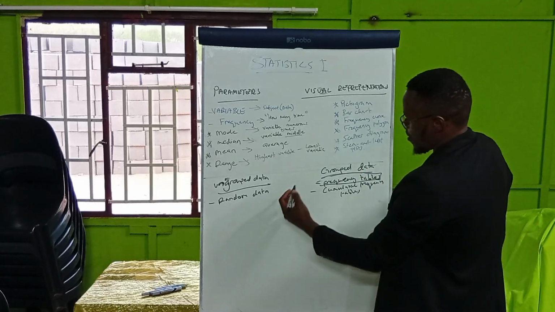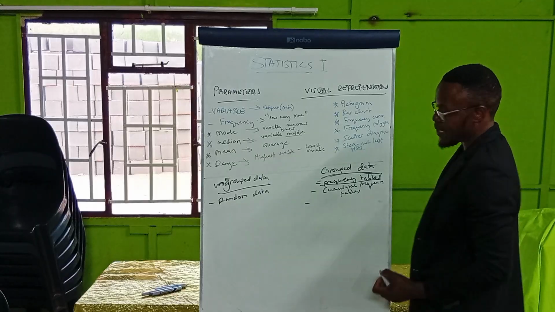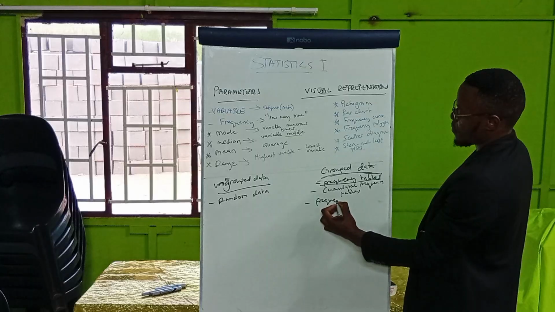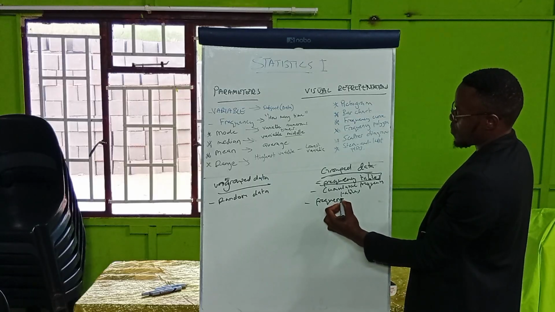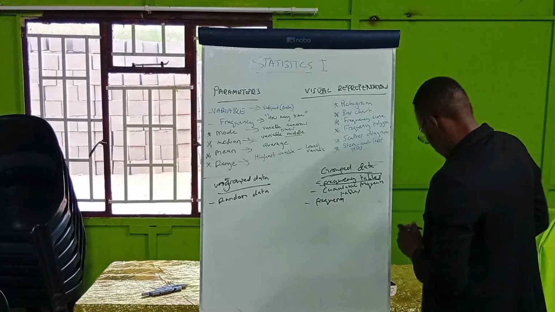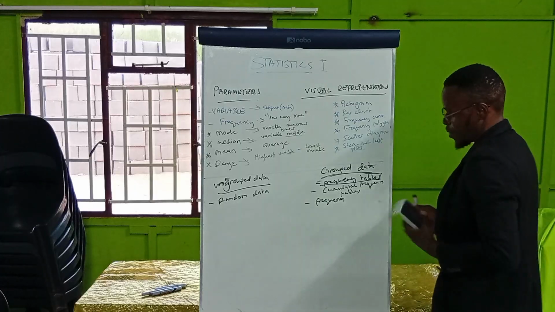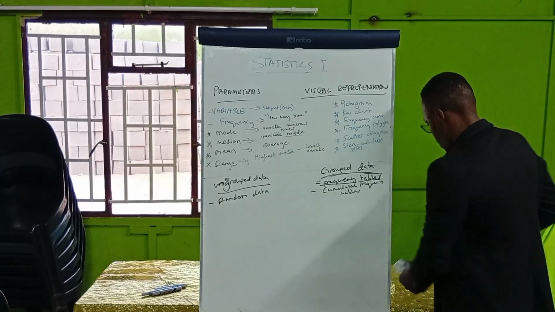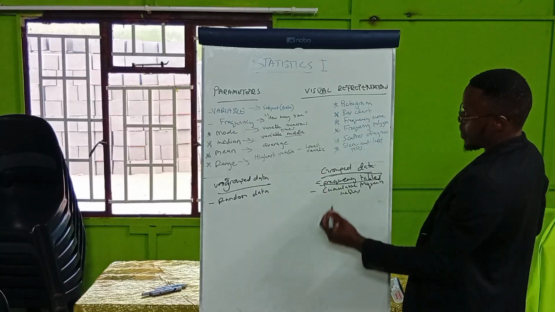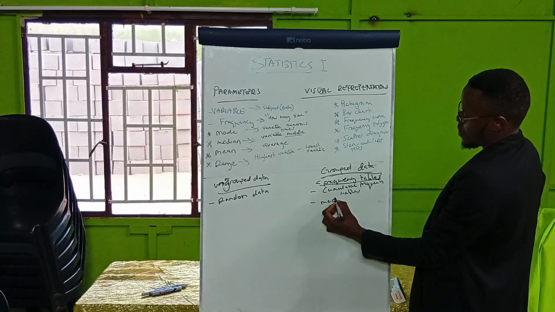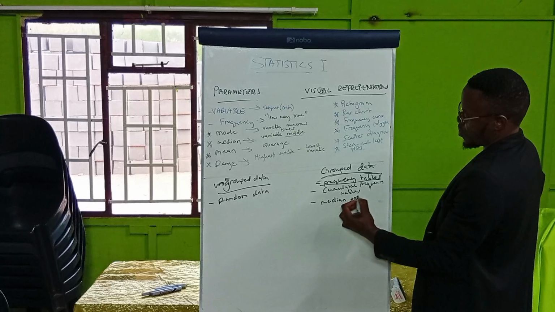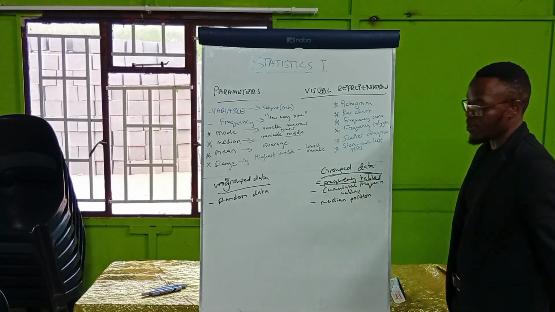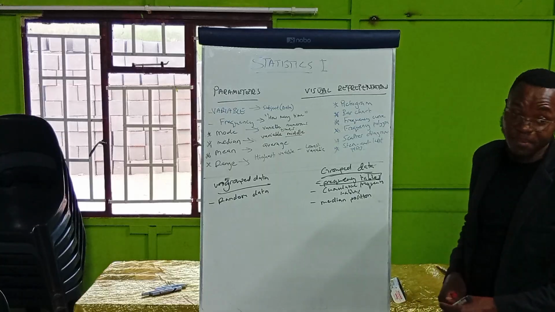And then what you'll also notice in our group data is a median position. You will need to calculate the median position when you are given a frequency table to determine the median.